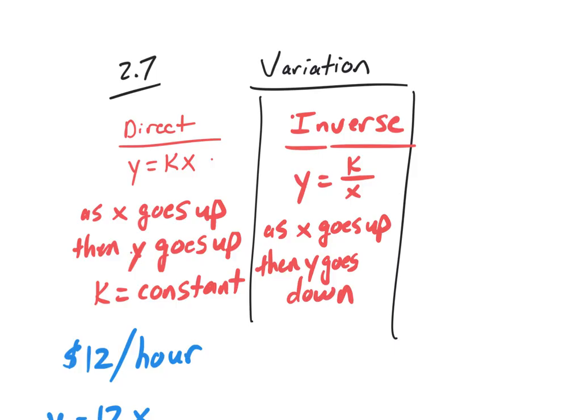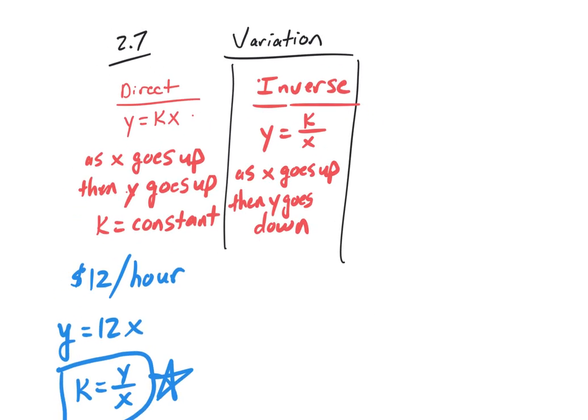And this could be vice versa, but as one variable is going up, the other one's going down. So they have an inverse relationship to one another. They're going opposite directions.